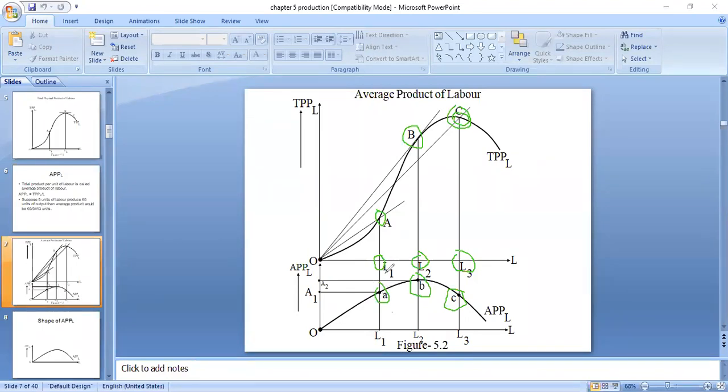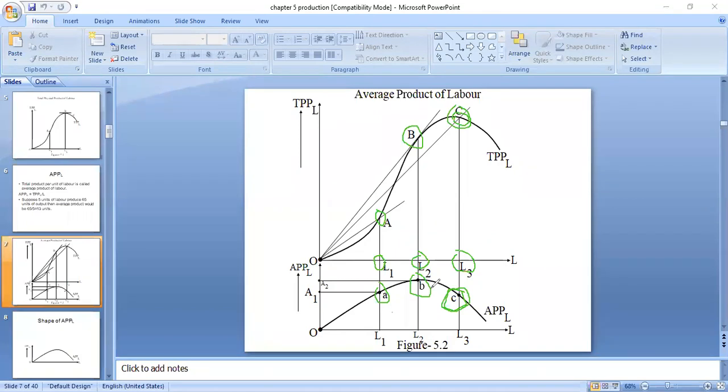When you employ the OL2 level, you reach the peak of APP, whereas TPP did not reach the peak. Further, at point C, TPP reaches the peak, but APP declines. The rate is declining. You see, I mark it here.